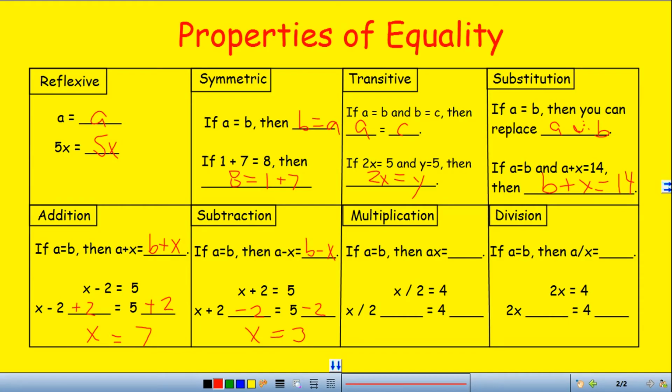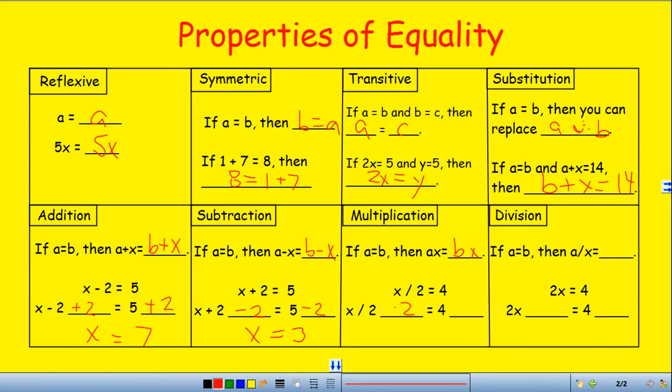With the multiplication property of equality, if a equals b, then a times x will be the same as b times x. For example, if I have x divided by 2 equals 4, and in order to get rid of that 2 in my denominator, I can multiply it times 2.